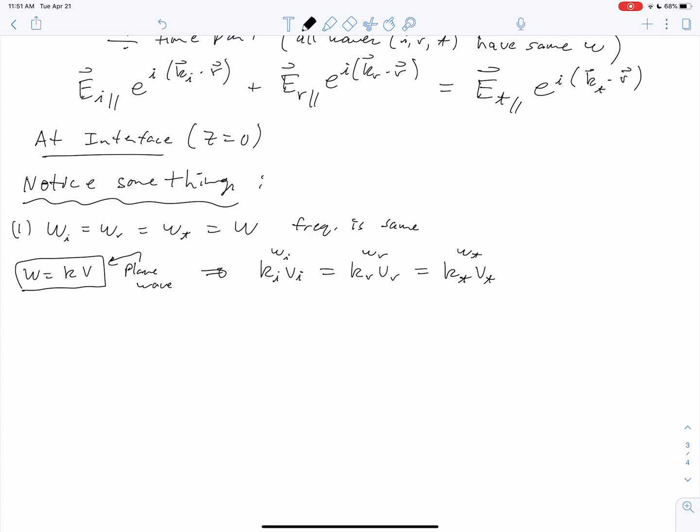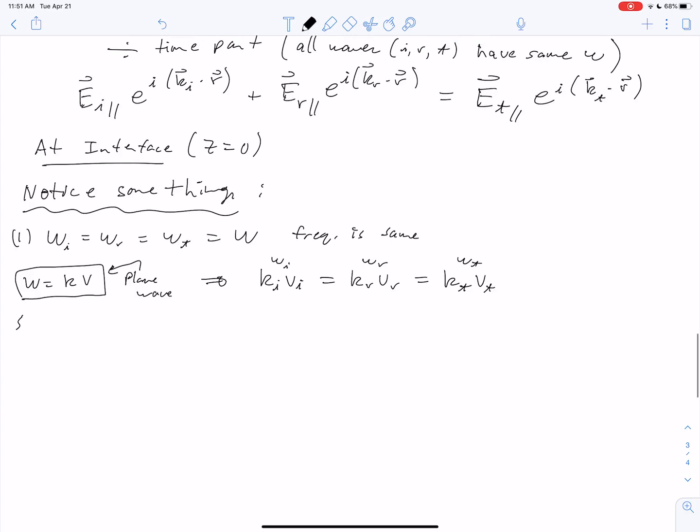And so that's very powerful, because then we immediately realize that for side 1, on the incident side, the velocity of the incident wave has to equal the velocity of the reflected wave, because it's the same material, since V is equal to 1 over square root of mu epsilon, and mu and epsilon are the same for the incident and reflected wave.